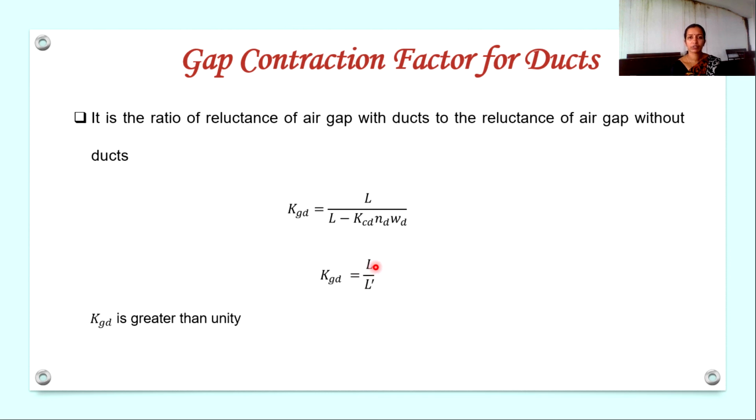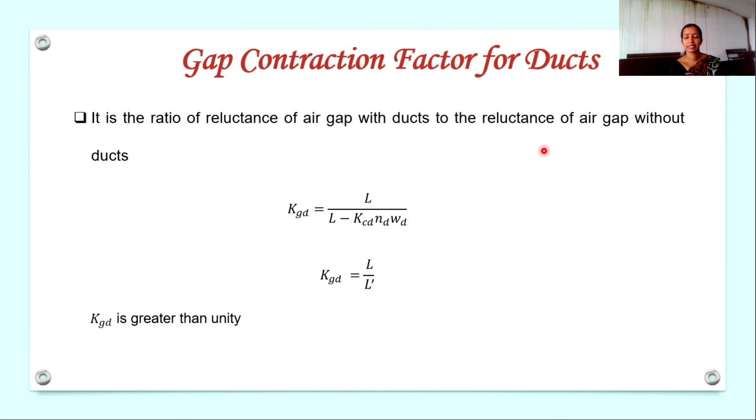So L, axial length of the machine, divided by L dash. What is L dash? L dash is L minus KCD ND WD. So here also KGD is greater than unity. So denominator is small. So KGD will be greater than unity. So gap contraction factor for ducts.